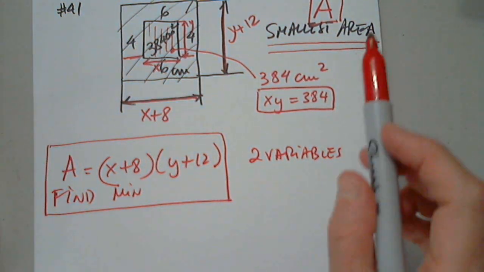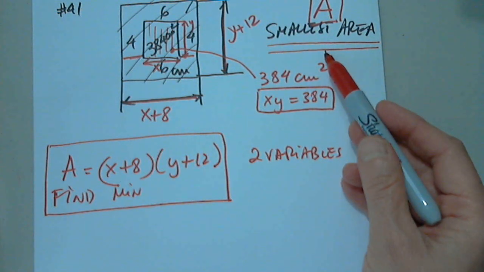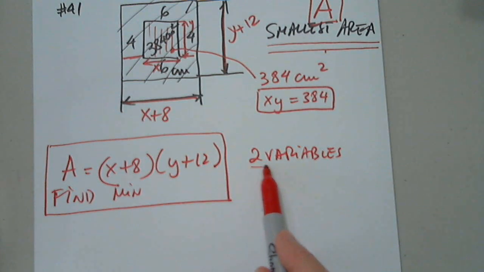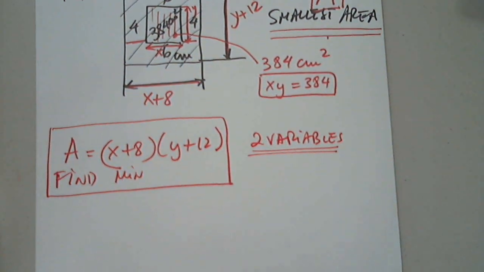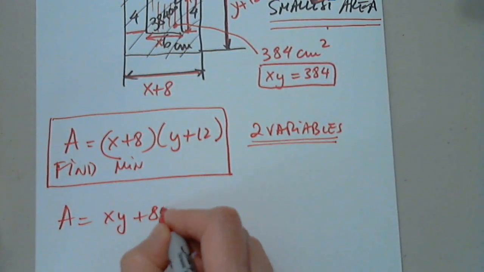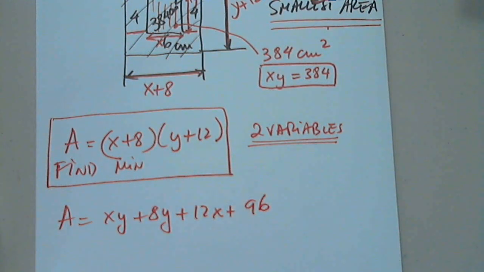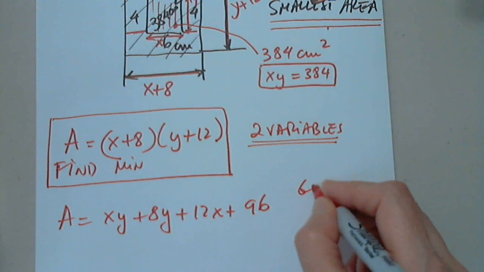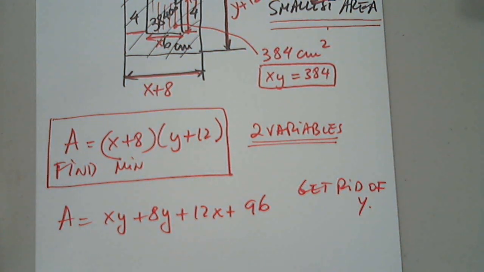It was not difficult to come up with an area to minimize, but I have two variables in it. I'm going to distribute: xy plus 8y plus 12x plus 96. At this point, I have to get rid of y somehow.